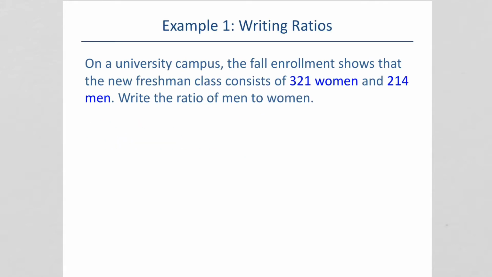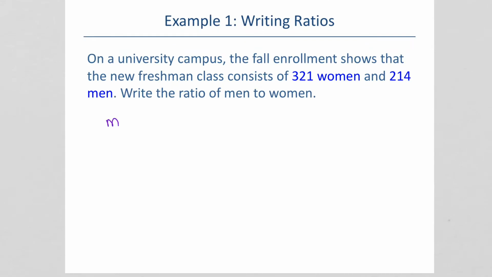On a university campus, the fall enrollment shows that the new freshman class has 321 women and 214 men. Write the ratio of men to women. So we want men to women. There's a couple ways we could write this.